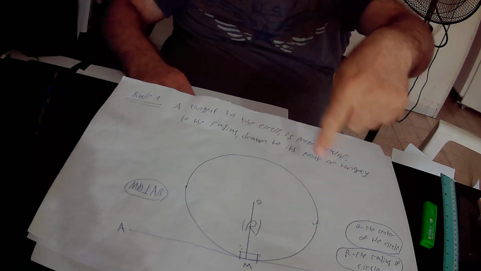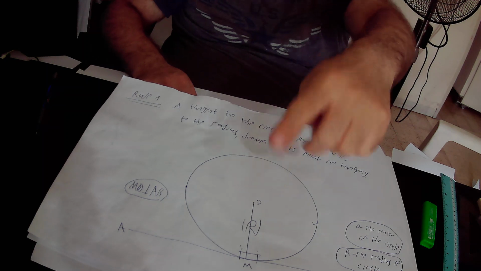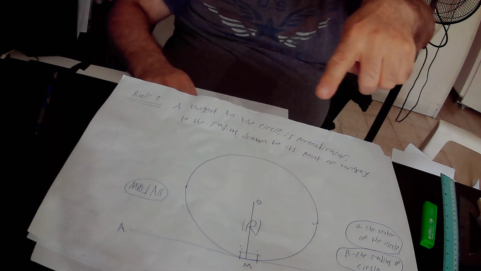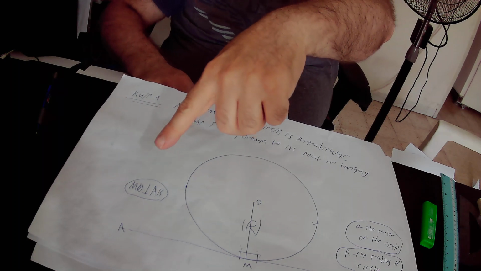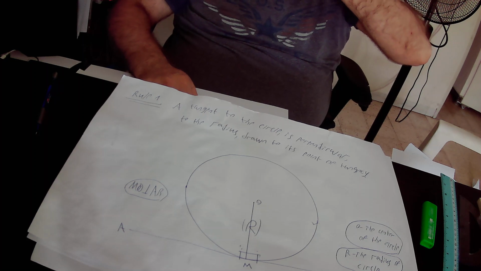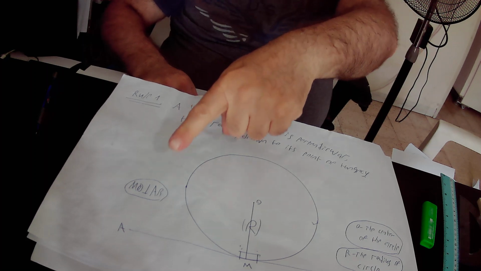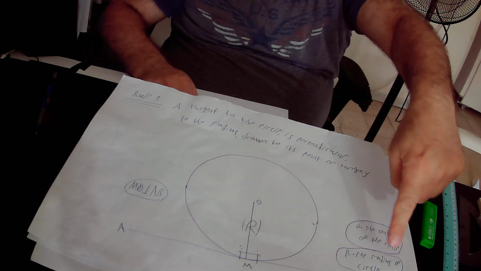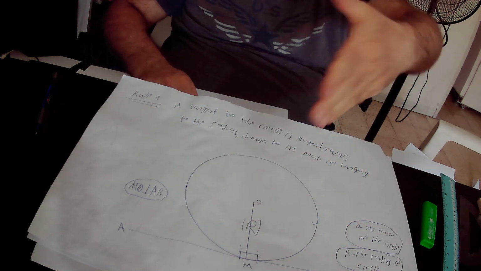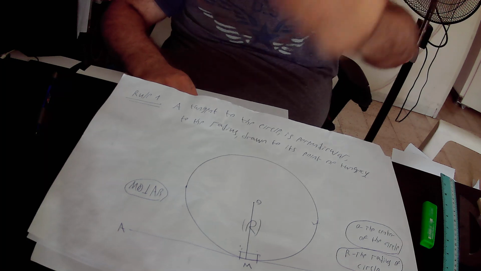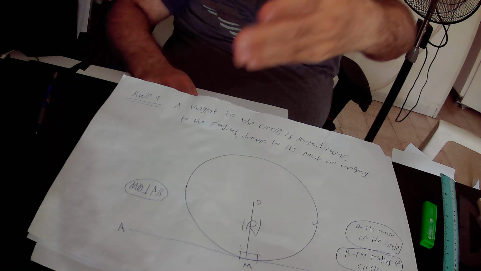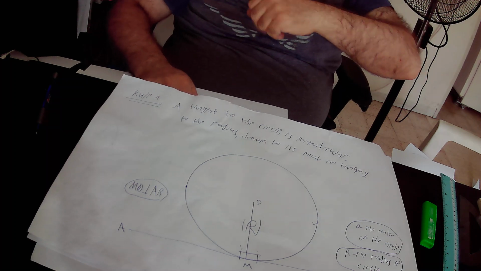So in the drawing we have a circle, and we have the radius OM drawn to point M, and here tangent AB is perpendicular to the radius MO. Because line segment AB is perpendicular to the radius MO, it is defined as a tangent. So whenever you have a line segment that is perpendicular to the radius, it must be a tangent, according to Rule 1.